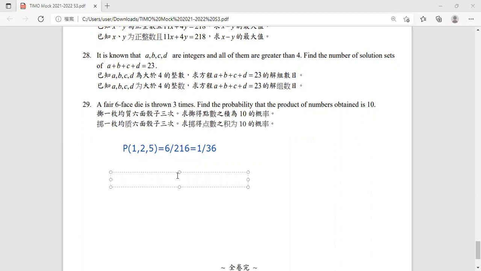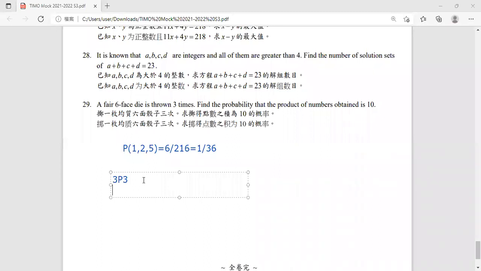Actually, it's the permutation of 3 different numbers, P3, because for 1, 2, 5 you can get 1 first, 2 first, or 5 first, and then the two other cases.